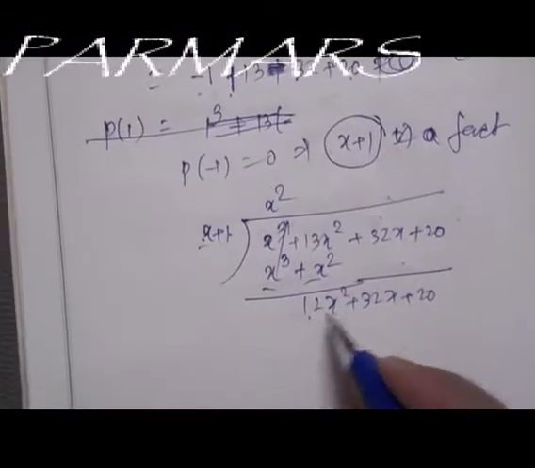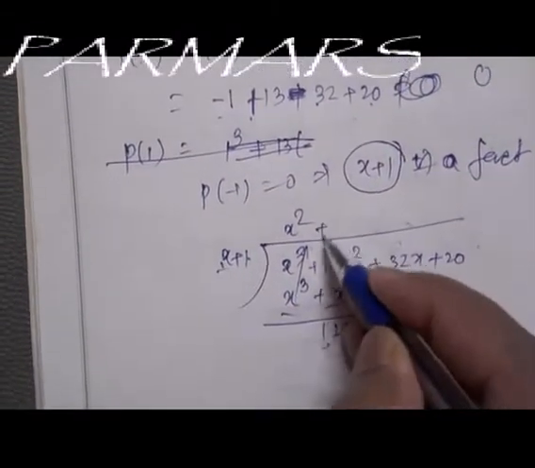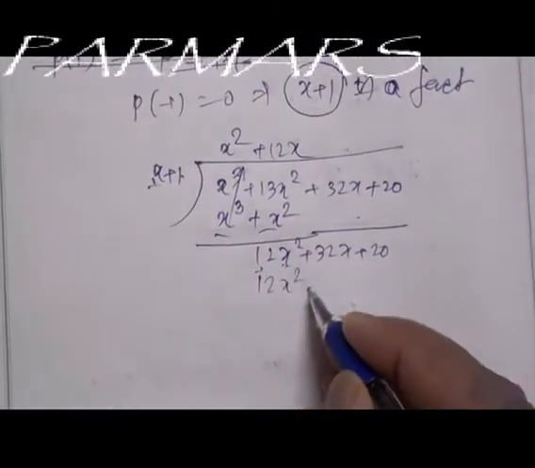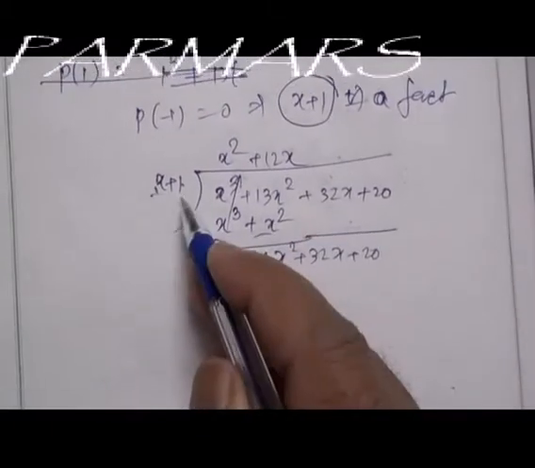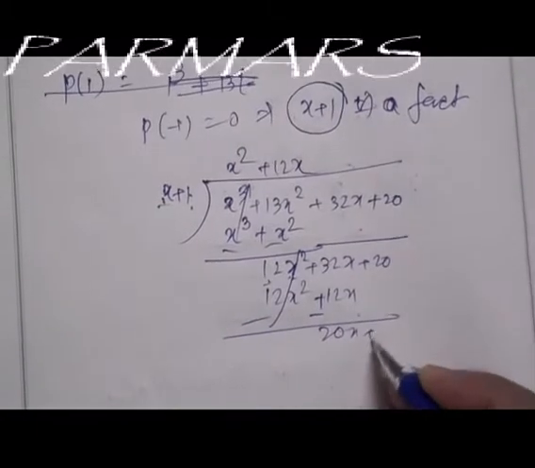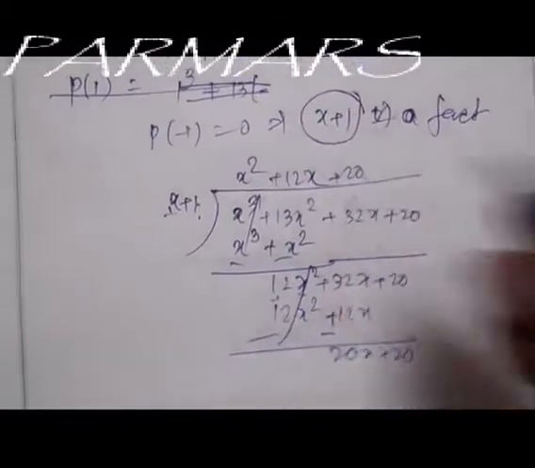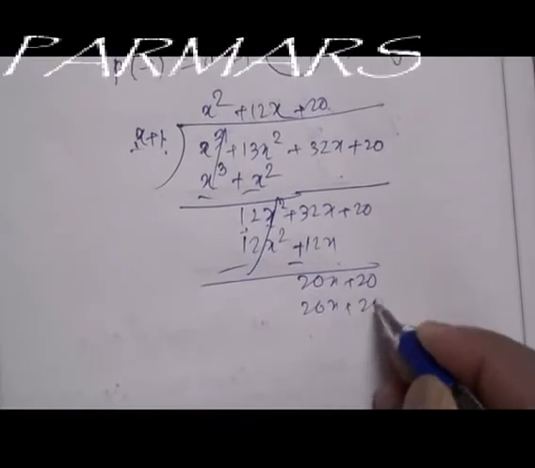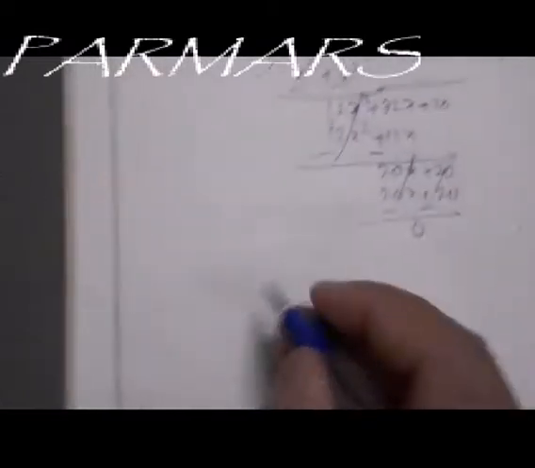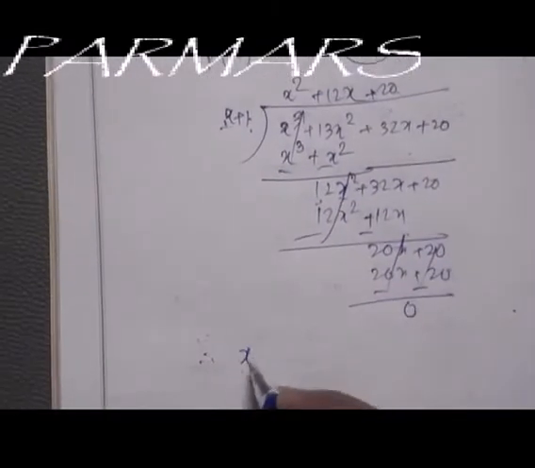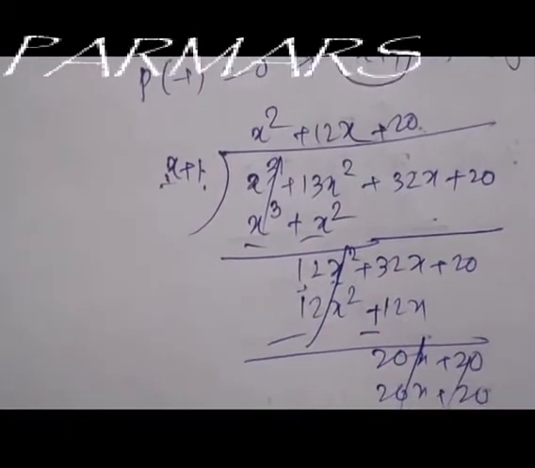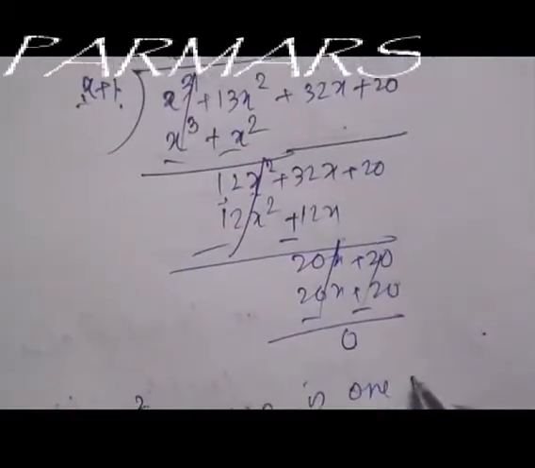Next, x plus 1, 12x square, x, so 12x. 12x square plus 12x into 1, 12x. Subtract, 20x plus 20. So therefore, x square plus 12x plus 20 is one more factor.